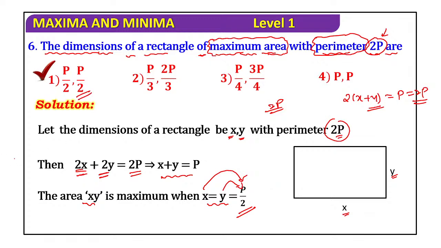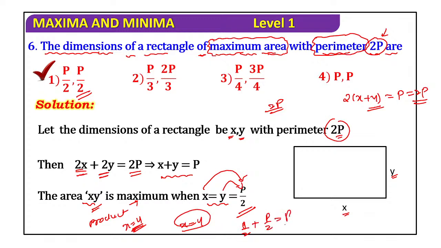Here don't go for differentiation. Previously we solved one problem where we saw that for the product xy, the product is going to be maximum whenever x is equal to y. Therefore x is p by 2 as well as y is also p by 2.